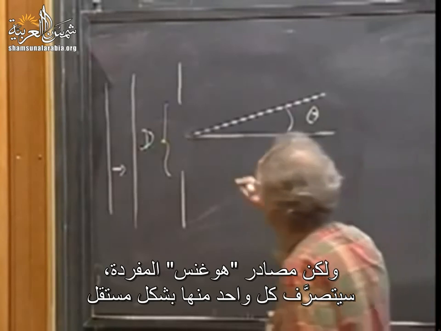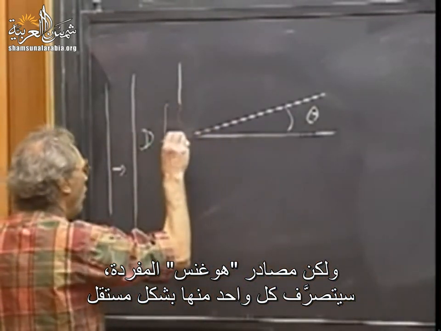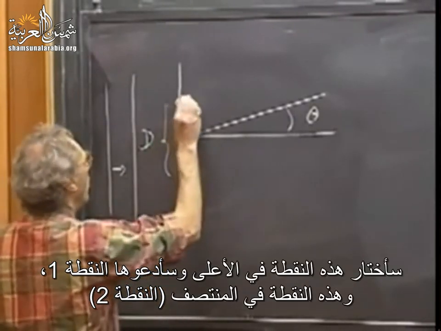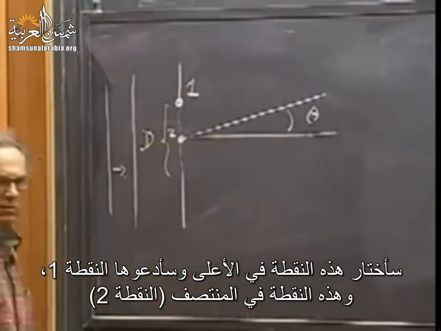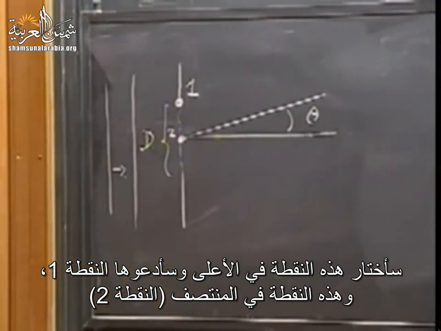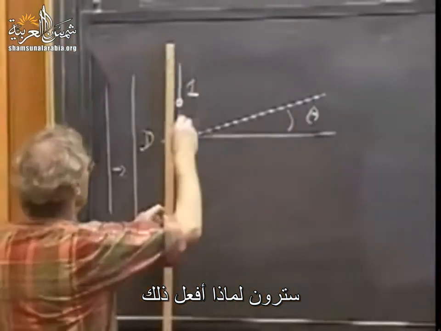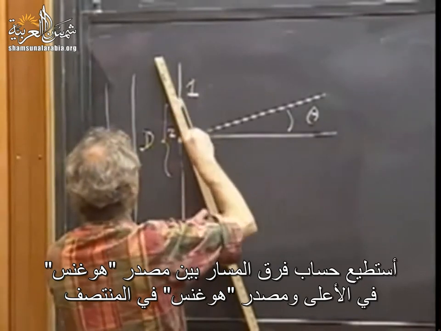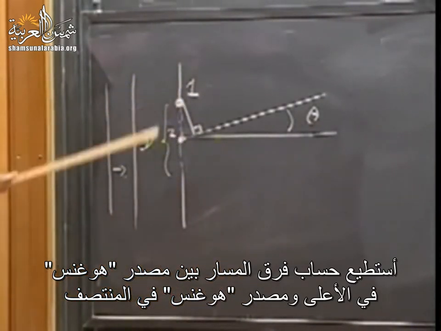But the individual Huygens sources, there they are. They're all going to do their own thing. And I pick this one at the top, number 1. And I pick this one, number 2, right in the middle. You will see why I do that. So now I can calculate what the path difference is between the Huygens source right in the middle and the Huygens source right at the top.